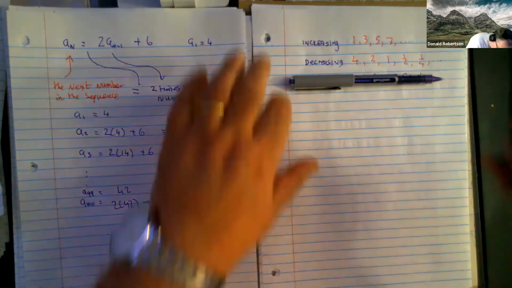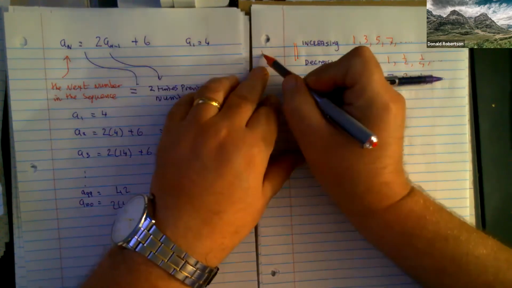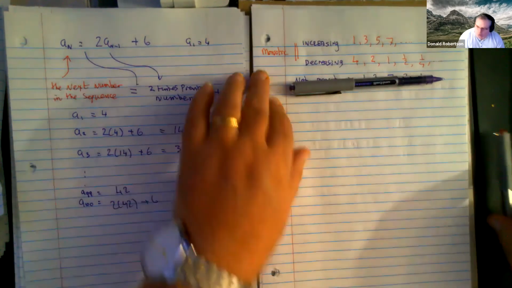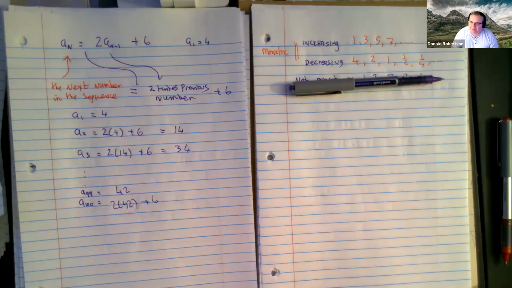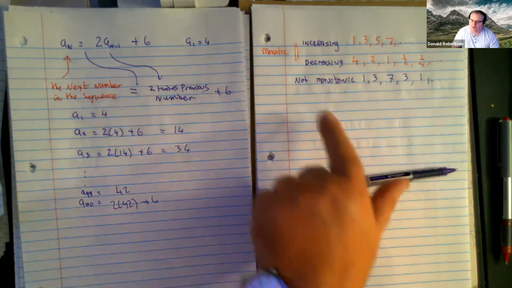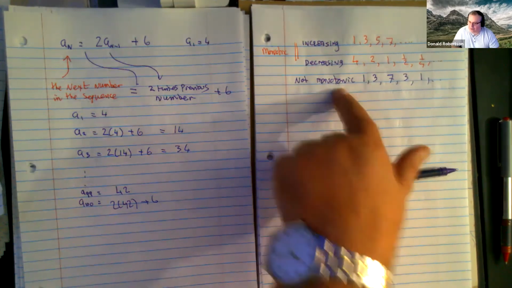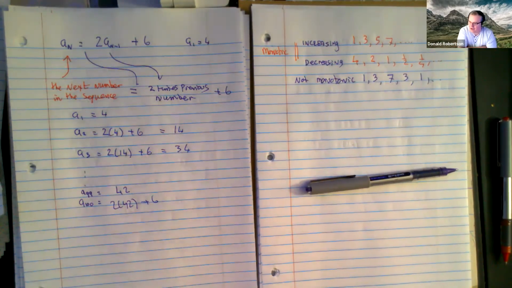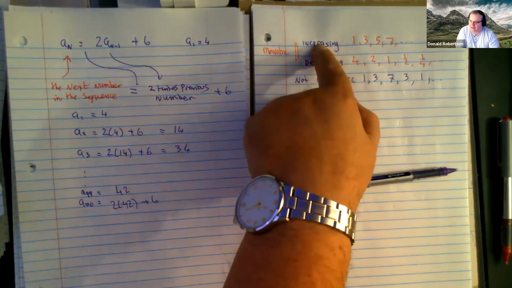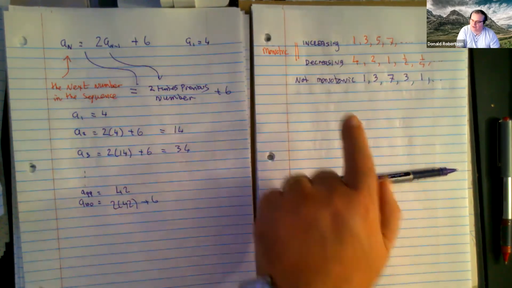Those two situations are called monotonic. It means mono, they're only doing one thing. I'm only increasing, I'm only decreasing. So this word, not monotonic, kind of makes sense when you realize that these two are called monotonic. This is just an increasing version, this is just a decreasing version.